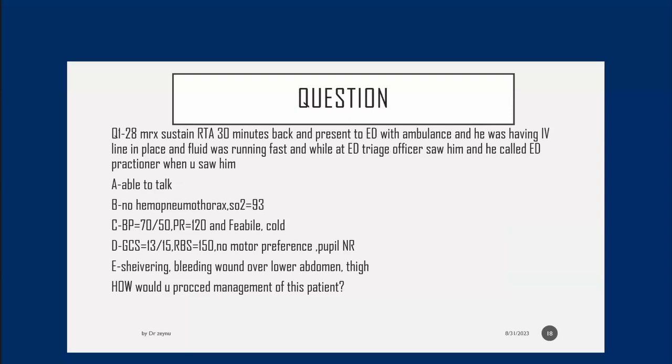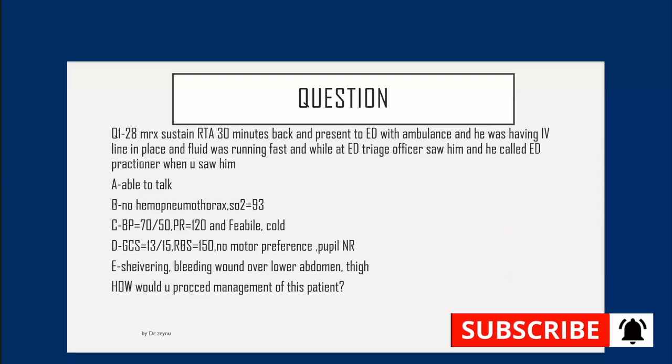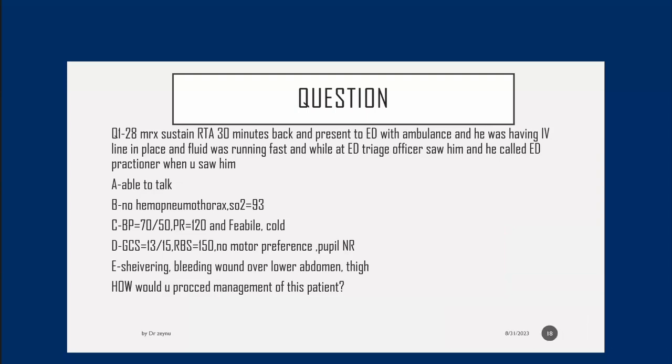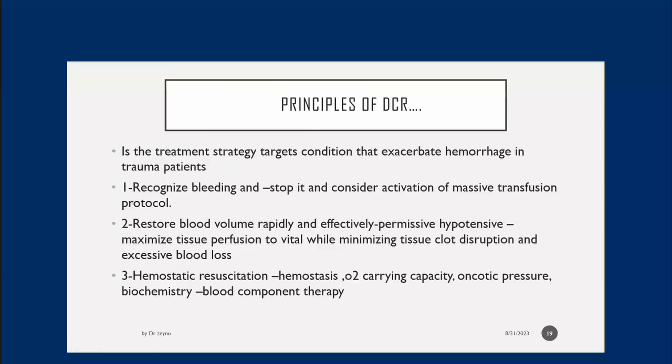GCS showed altered mental status, with no other pertinent finding on exposure. He was shivering and bleeding over the lower abdomen and thigh. So how would you proceed in the management of this patient? Participants can write their answers in the chat box. These are the entry questions, so we will get answers throughout the discussion.